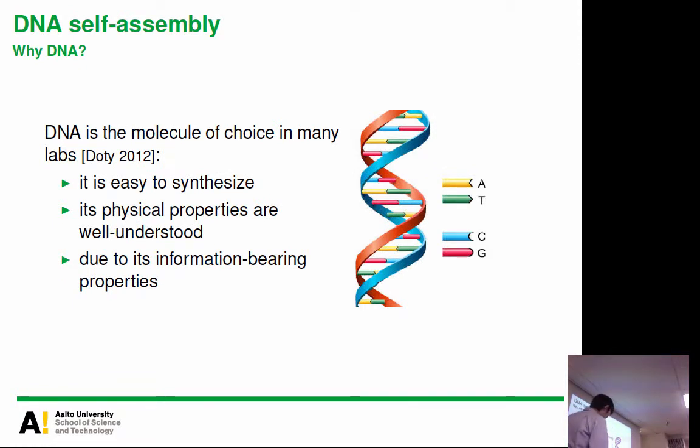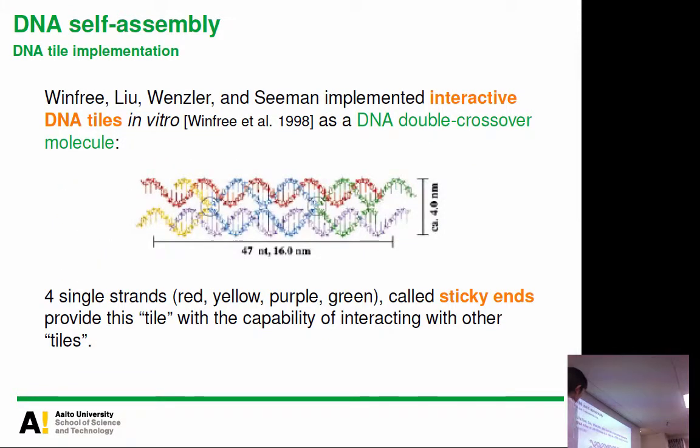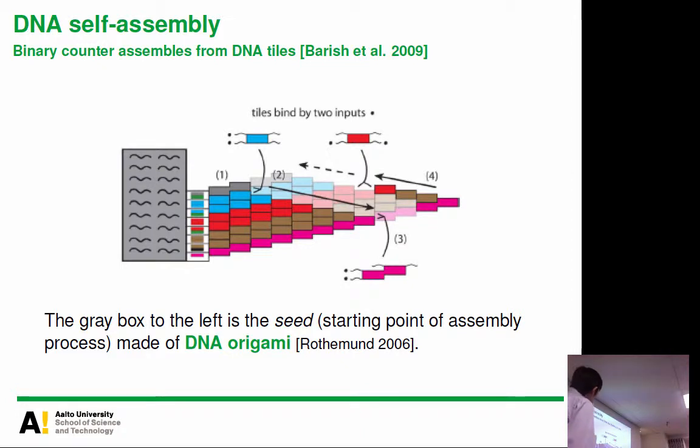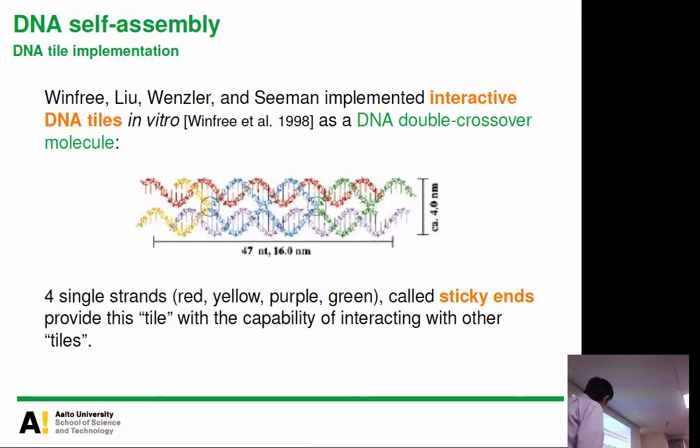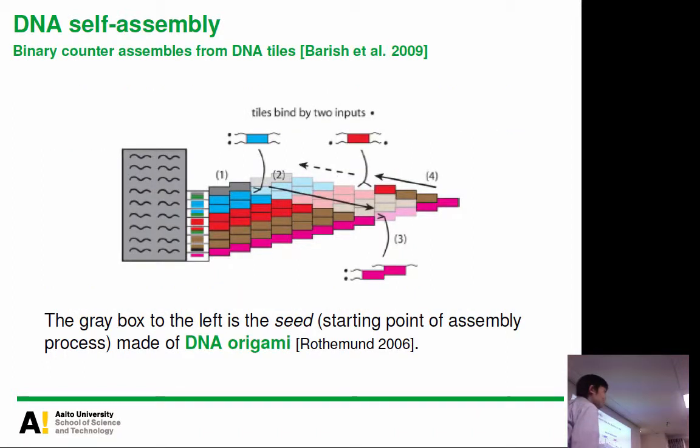So what happens is that if we make a lot of these tiles and put them into the test tube, then these tiles just try to bind together like this. In this case, these red ones found other red ones, and they shook hands. So this part shook hands, and then they get together.